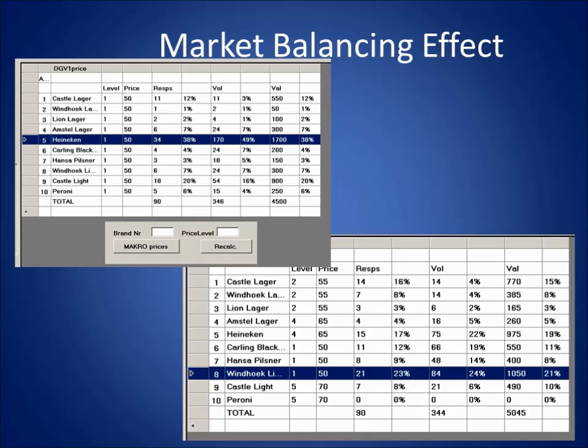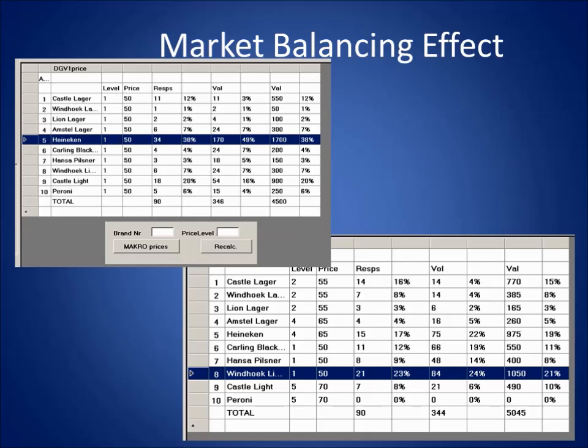What happens in real markets is that over time the marketeers will find a balance. In other words, they'll have a pricing strategy, and as market shares dip or grow, they will adjust their prices to find a balance, countering each other's strategies.